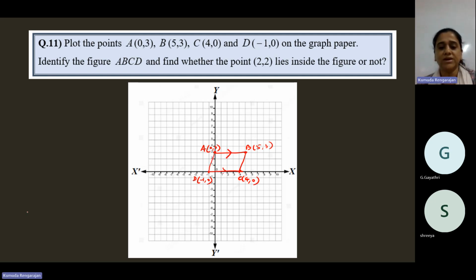Since one pair of opposite sides are parallel and equal, it's a parallelogram. Identify the figure: the figure is a parallelogram. All right.